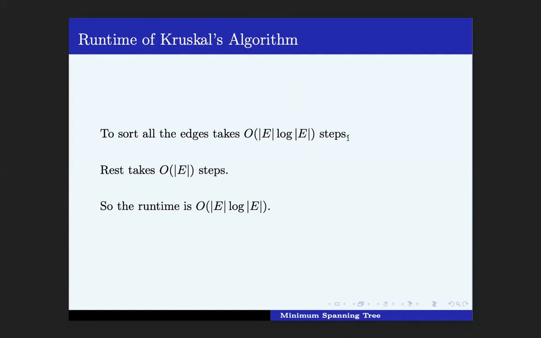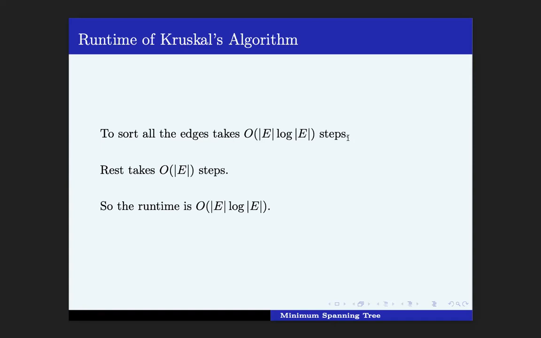If you just use DFS or BFS every time to find a cycle, you will get order E square. But by somehow maintaining this representative kind of stuff for every connected component, you can improve the time significantly.